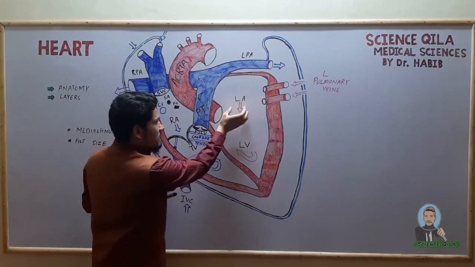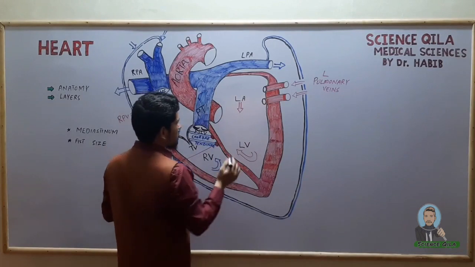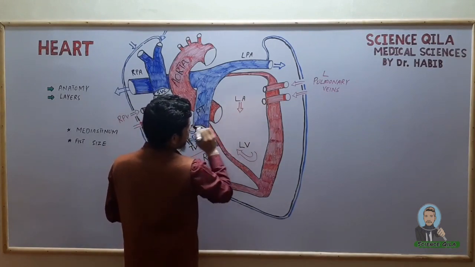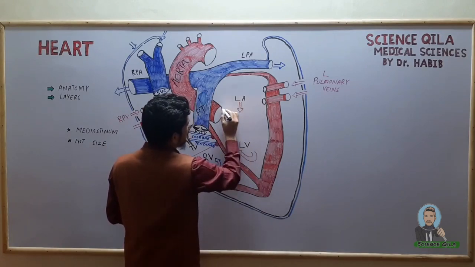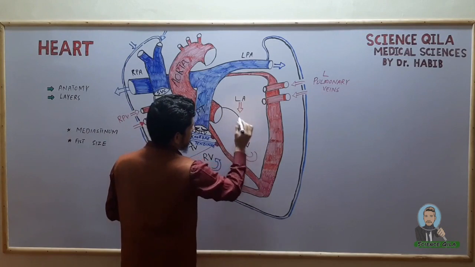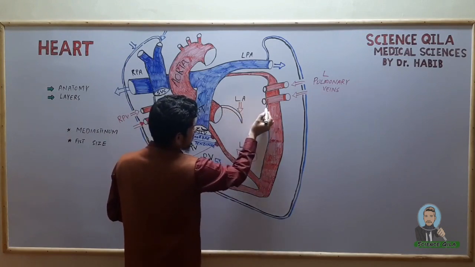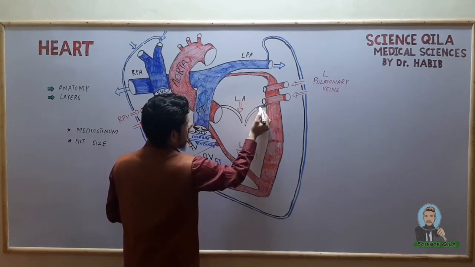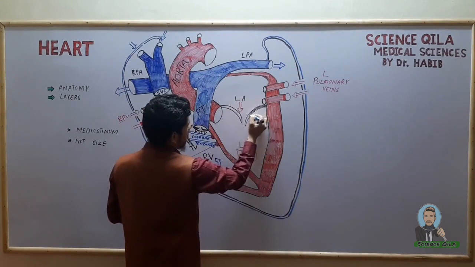So this blood will pass to the left ventricle, passing through one valve that is situated over here, that separates the left atrium and the left ventricle. This is the same valve as between the right atrium and right ventricle on the right side of the heart.